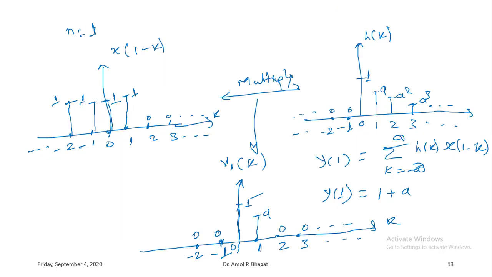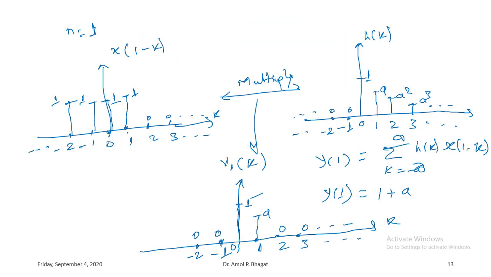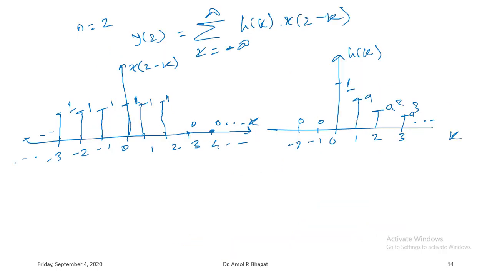Okay, so this value now will be shifted to 2, and this value will be at 1. So from 2 to the left side it will be 1, and here it will be 0 and so on. So in the previous case only up to 1 it was 1, now it is up to 2 that it is 1.